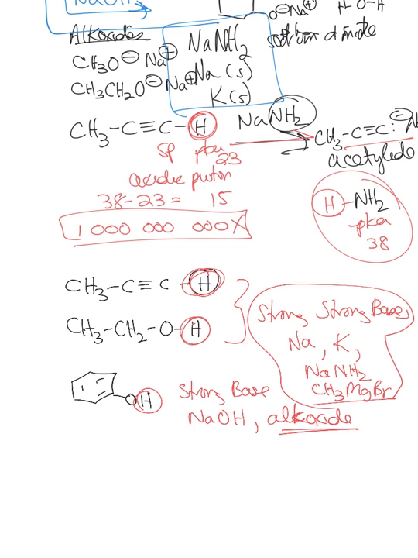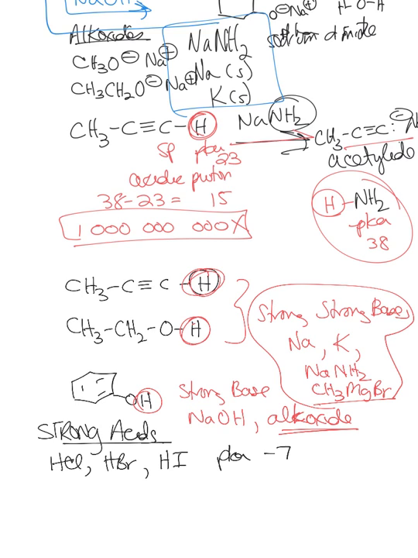Let's go to the next slide and see what kind of acids. Well, before we do that, I want you to recognize strong acids. Strong acids are not so hard because you see HCl, HBr, HI. These all have pKa's of -7. Hydronium, you see that written across the reaction arrow.